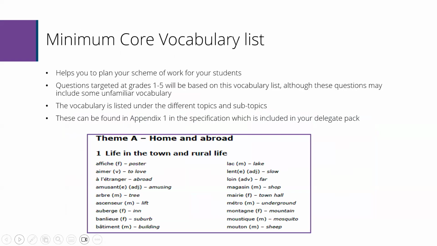Now, the specifications have a minimum core vocabulary list, and so you'll find that at the end of your specification, and that's the guide really to the starting point for the vocabulary that you need to be making sure your students are able to use and understand.